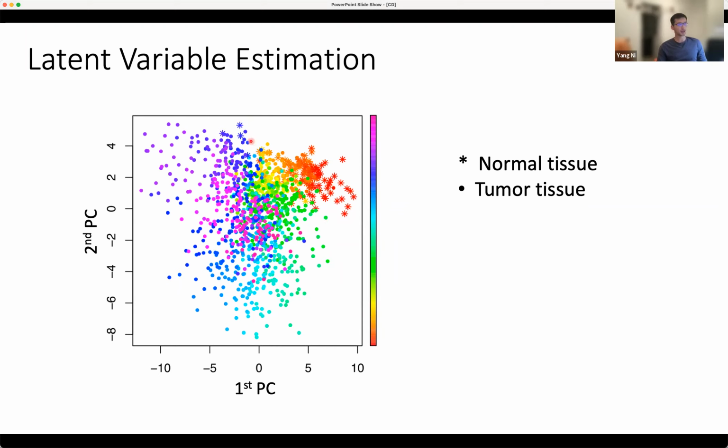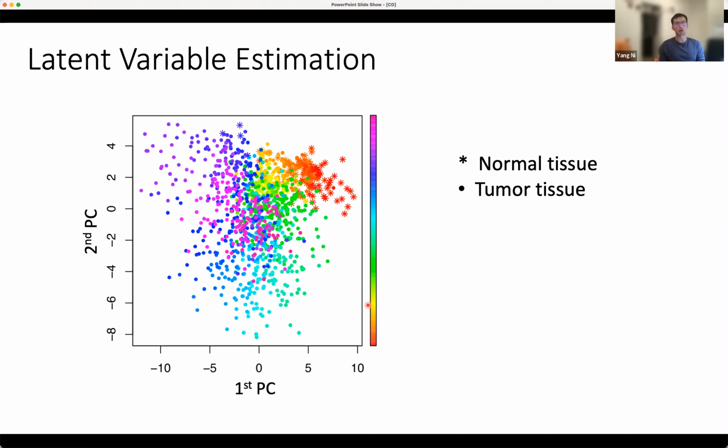With a few exceptions where a few stars are blue, the vast majority of the stars are either red or yellow, meaning they are very close in the latent space. So that gives us some confidence that at least in this particular application, this Z sub i indicates the state of the tissues. So that's the result from latent variable estimation.